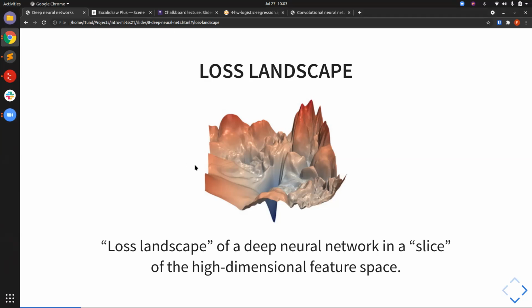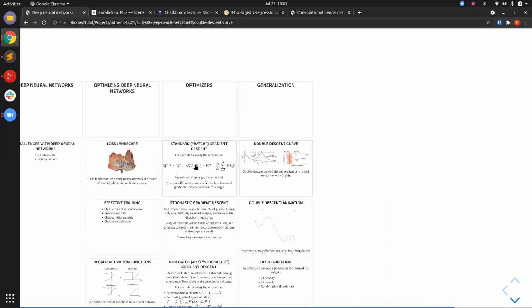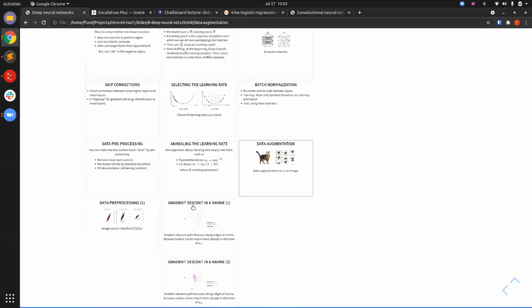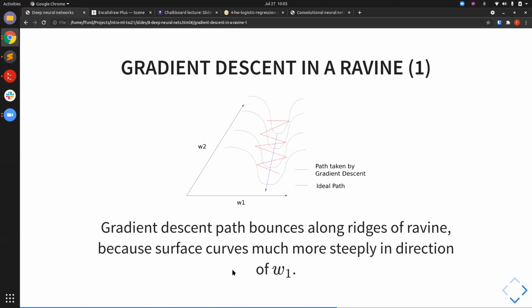It also doesn't work very well for certain types of complicated gradient descent. So imagine you're in this ravine. You're trying to optimize some loss surface across these two parameters, W1 and W2. And we're told the ideal path follows this blue line here. So ideally you'd want to go here. Now, what happens when you do gradient descent? This part of the loss surface is very steep in the W1 direction.